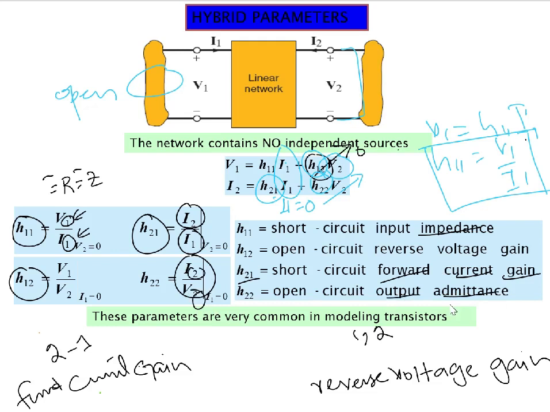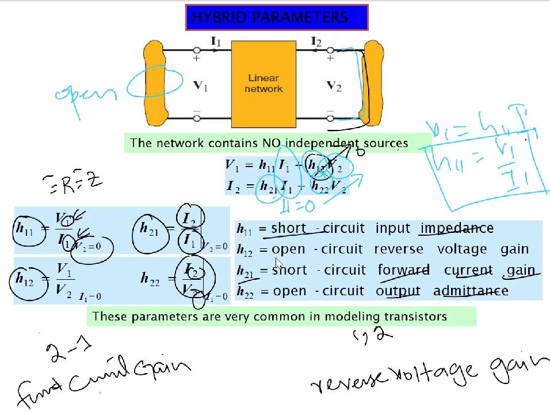Now coming to the open and short terms. Short means that we are using some voltage. If V2 is 0, then H11 is a short circuit parameter, because these two ports are connected.